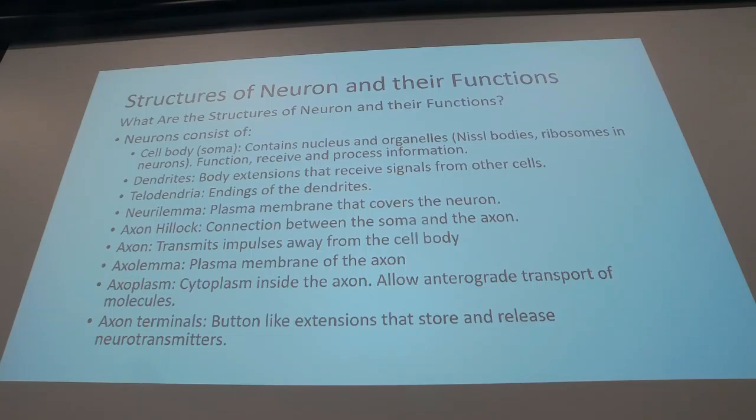In this body or soma, that's where we have the nucleus and most of the organelles of the neurons. One of the organelles that is very abundant in the neurons is the Nissl bodies, which are the ribosomes. The neurons produce a lot of neurotransmitters that many times are peptide based, so that's why we have these Nissl bodies. So what is the function of the body or the soma? Well, to receive and process information.